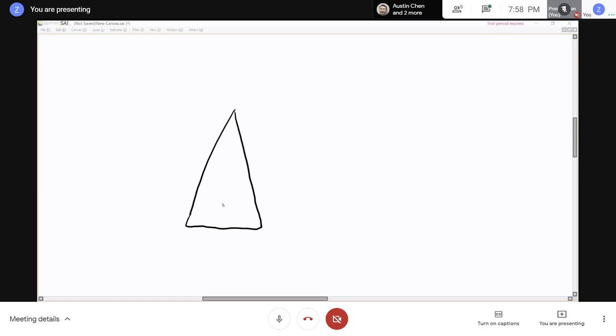So if this is the middle of the sphere, this will be 4, this will be 4, this will be 4, right angle, right angle, right angle. If you connect it like this, this is 3, right? Wait, this isn't 3. Hang on. Oh, this was 6. Never mind, then I messed up doing this.